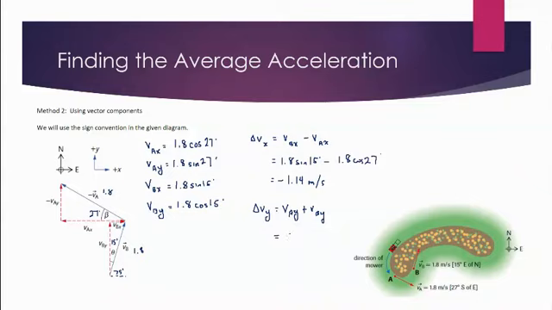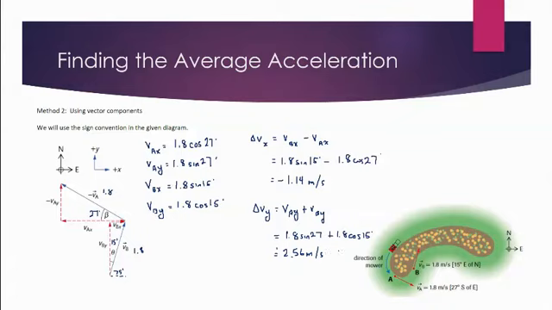So we have 1.8 sine 27 plus 1.8 cosine 15. And let's see what we get. Again, I'm going to keep just 2 decimals just to keep some accuracy. I want to make sure for you guys that my answers are identical. And we get 2.56 meters per second.